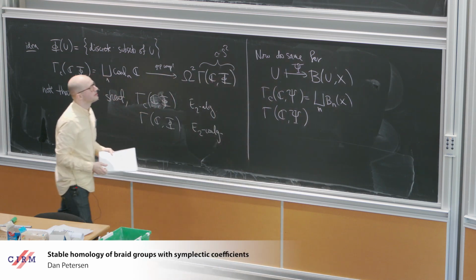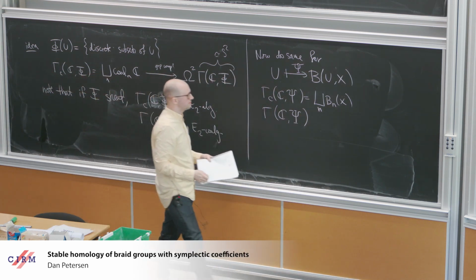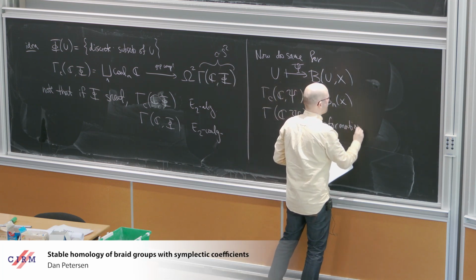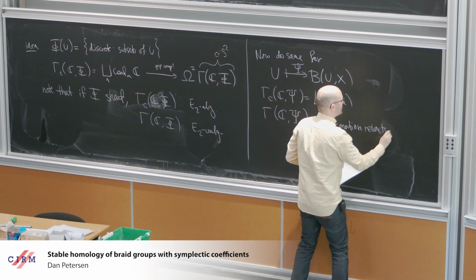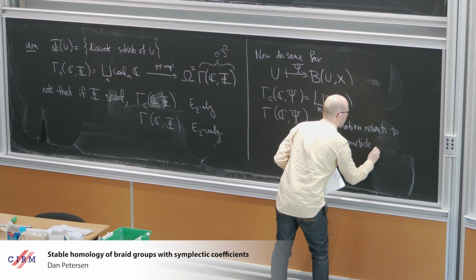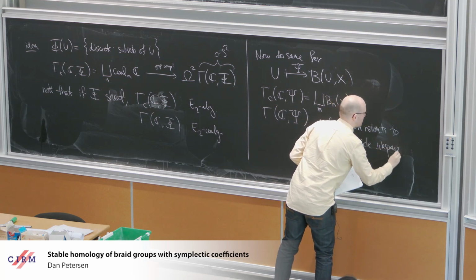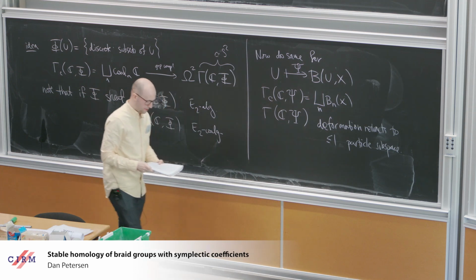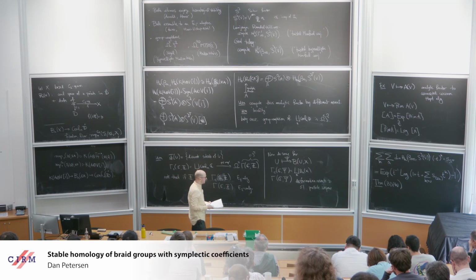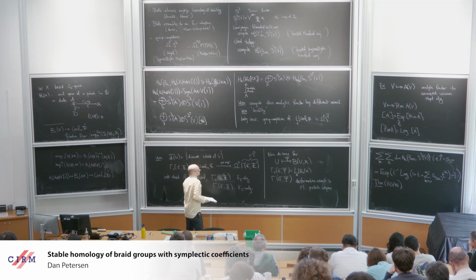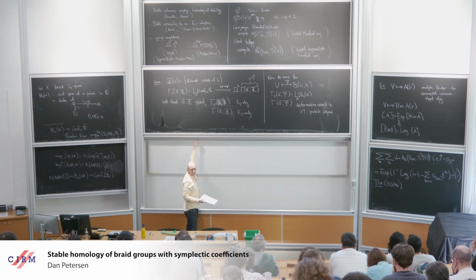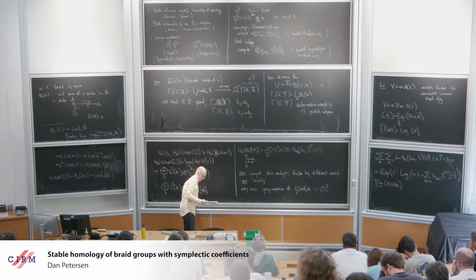And if I take not necessarily compactly supported sections, it deformation retracts to at most one particle. So the subspace where I have at most one particle, and then I have the branch double cover. Same deformation retraction. And that's going to be my twofold delooping that I want to analyze.